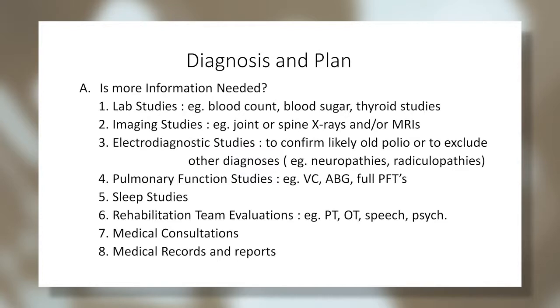Another issue is, do you need to involve a whole rehabilitation team? Some of this may depend on your own competence and experience as a physician in the neurological and the orthopedic realms. Many times people do a comprehensive evaluation because it's more time efficient. Other times it is more inefficient, and requires lots of visits, and that's not feasible for the patient.